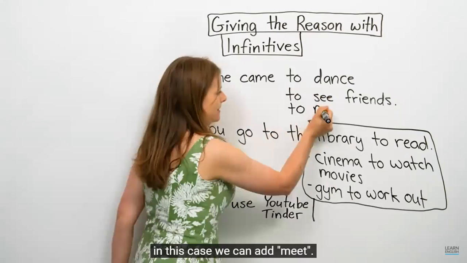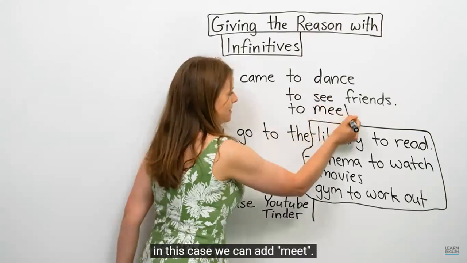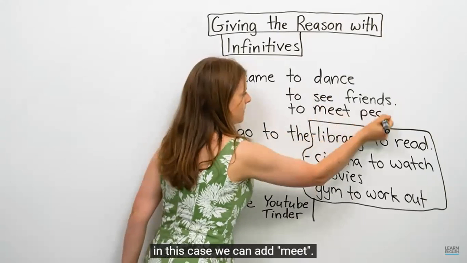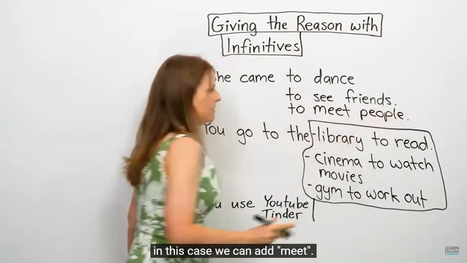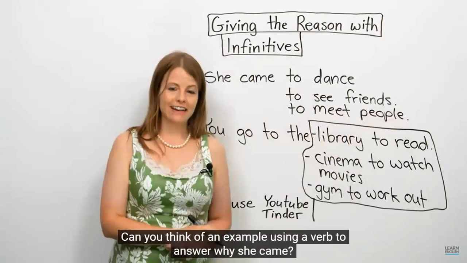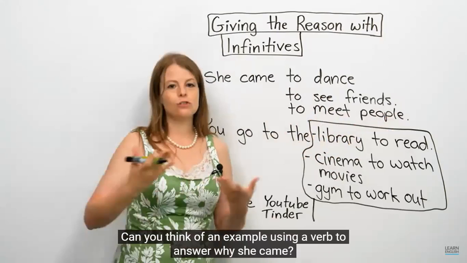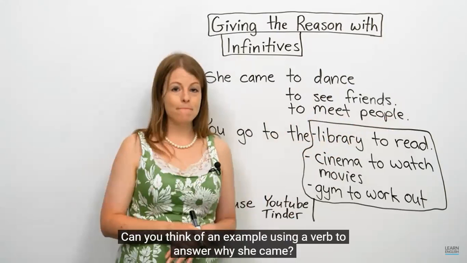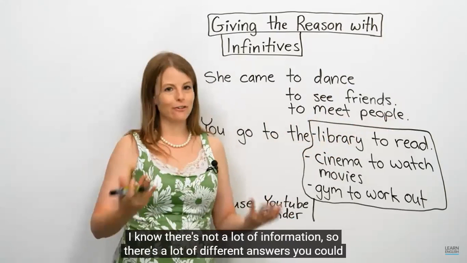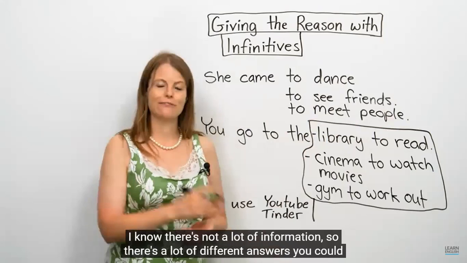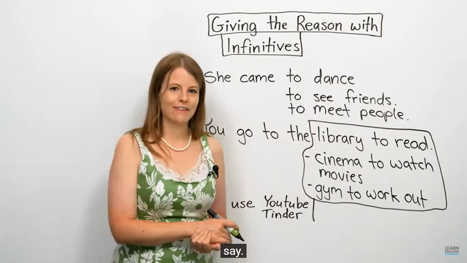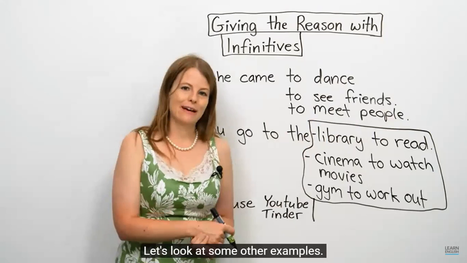So in this case, we can add meet. Can you think of an example using a verb to answer why she came? I know there's not a lot of information, so there's a lot of different answers you could say. Let's look at some other examples.